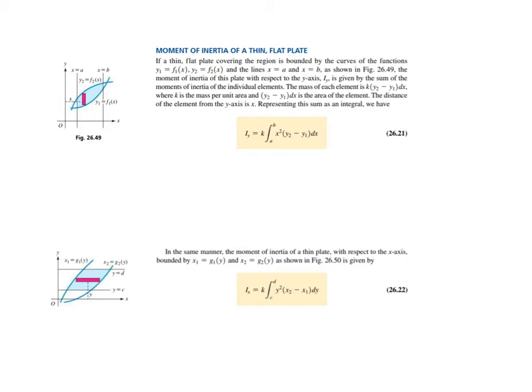One additional note here is to find R, capital R, the radius of gyration: you divide by the mass, as we did in the last section, and then take the square root. Okay, so we get moment of inertia and radius of gyration.